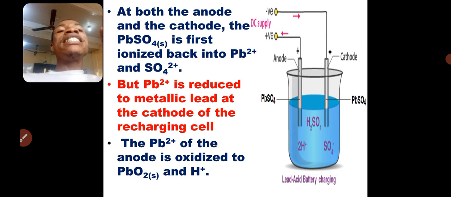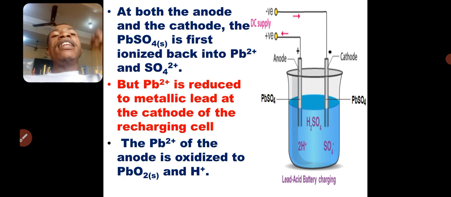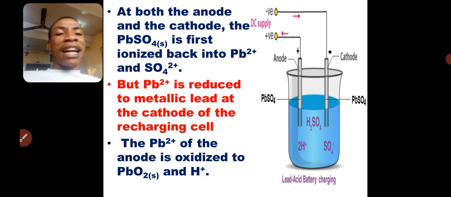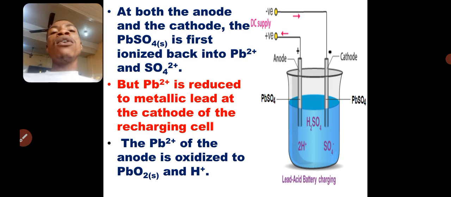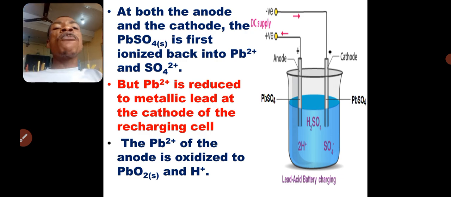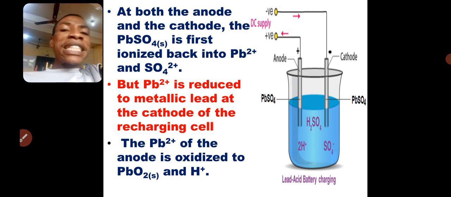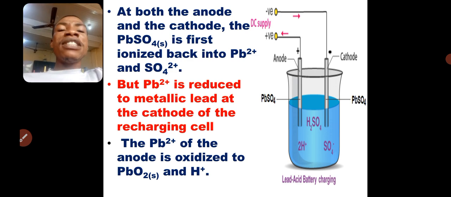At the anode and the cathode of both of them, the white deposit of PbSO4 is first ionized back into lead-2 ion and SO4 2-. So the reverse of what happened in discharging is what will now happen during recharging.